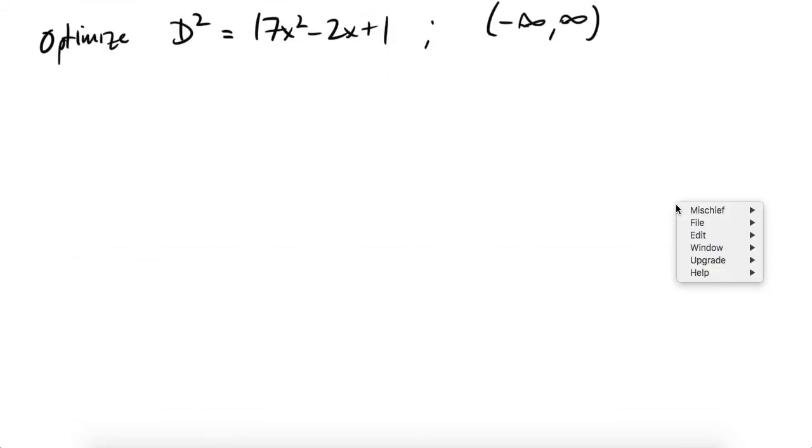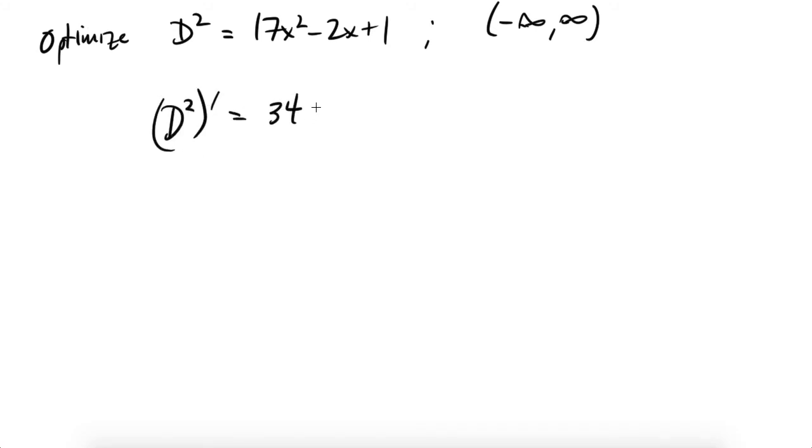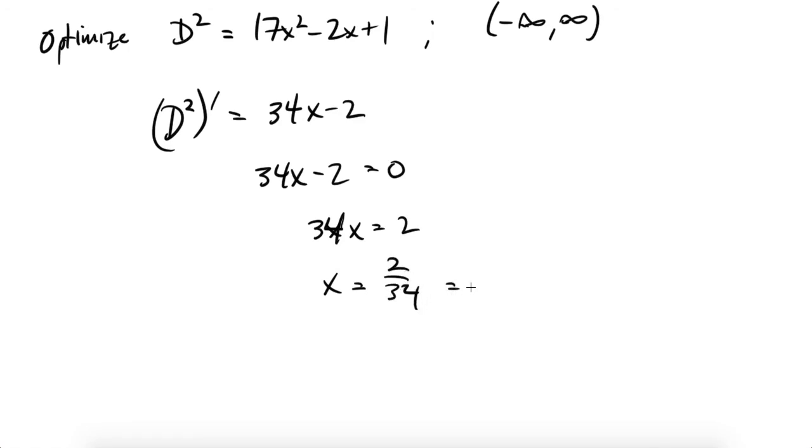Okay, so now we need to find the critical numbers. So we take the derivative of this and get 34x minus 2. This is never undefined, so we take 34x minus 2, set it equal to 0, 34x is equal to 2, x is equal to 2 over 34, or 1/17. So this is the x value, but it said to find the point on the line.